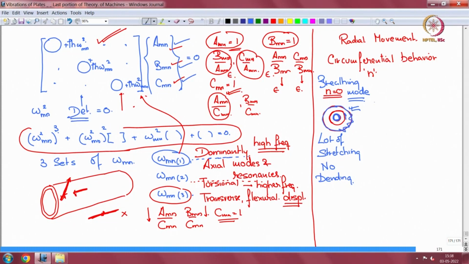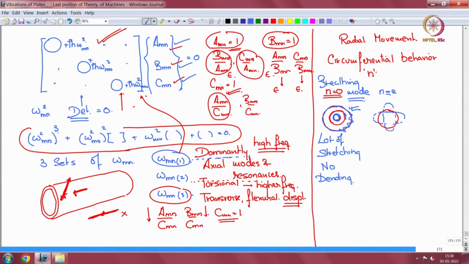So, if I go to n equal to 2, just taking a higher mode number in the circumference, then if this happens to be my nominal circle, then n equal to 2 behaves like this. In part of the cycle it acquires this shape, in another part it acquires this shape.